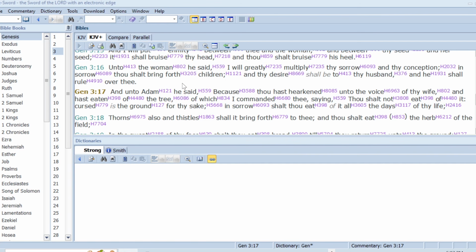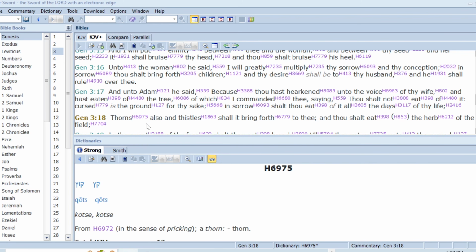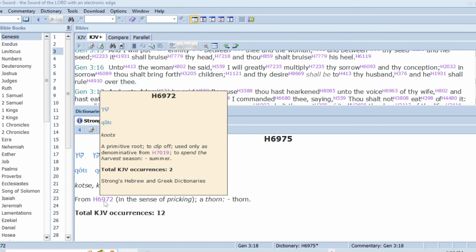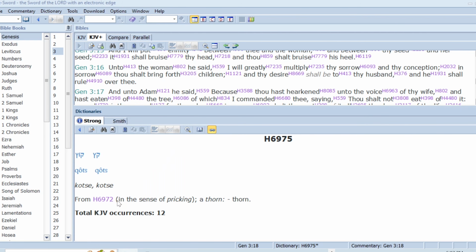And when we click on that and bring the numbers of the concordance up, you see here it says thorns is the Hebrew word 6975, which is actually a word that says kotzi, translated into thorn from 6972 in the sense of pricking a thorn, the exact same thing as the Greek word acanthus.